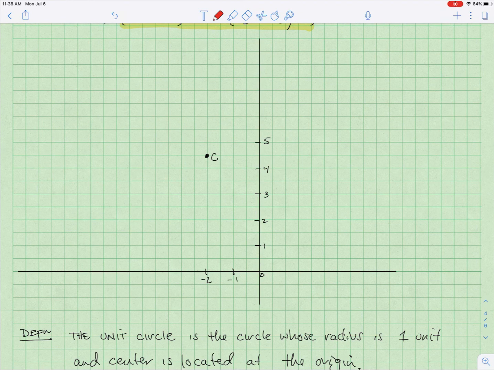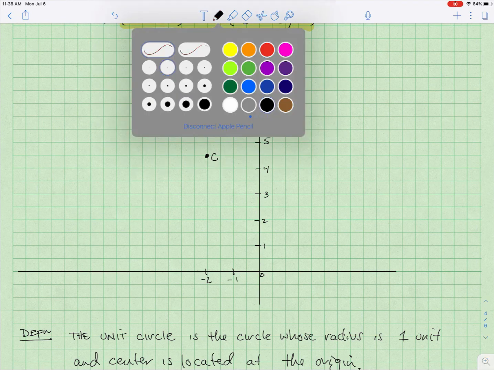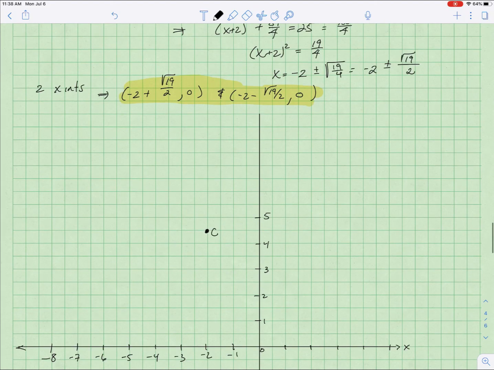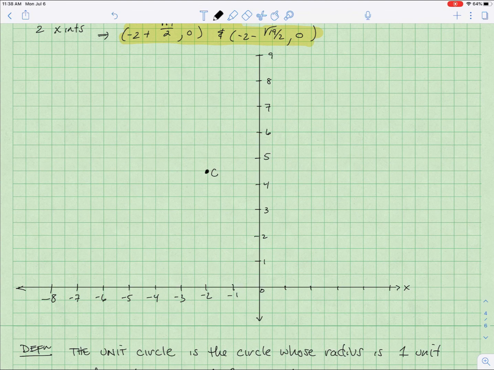So let's see, let me get back here. 1, 2, 3, 4, 5 in the x direction. Negative 3, negative 4, negative 5, negative 6, negative 7, negative 8 in the other x direction. And then maybe up as high as 5, 6, 7, 8, 9. Hopefully that's enough in the y direction.